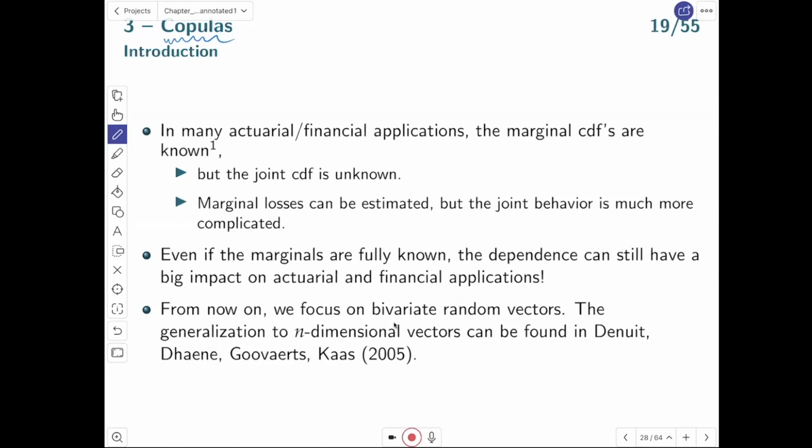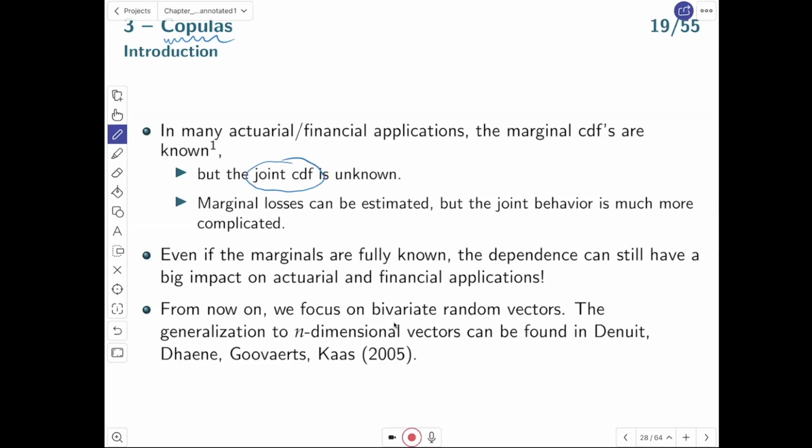So in that case, it means that we know, or at least we can come very close to knowing the CDF of our problem. But if you invest in, in our example, Tesla and Apple at the same time, you're interested in what we call the joint CDF.